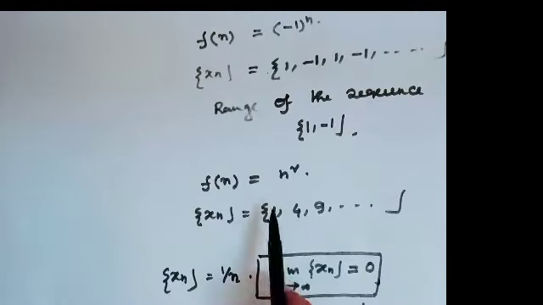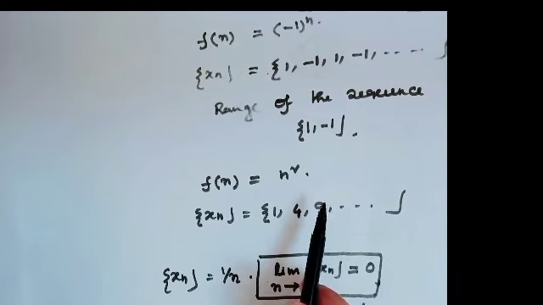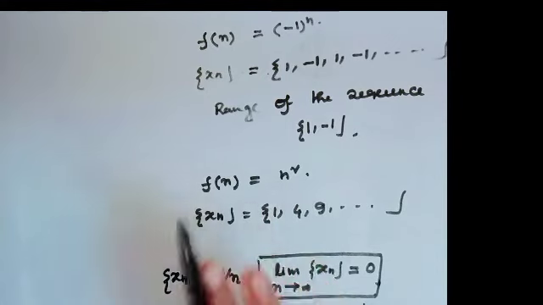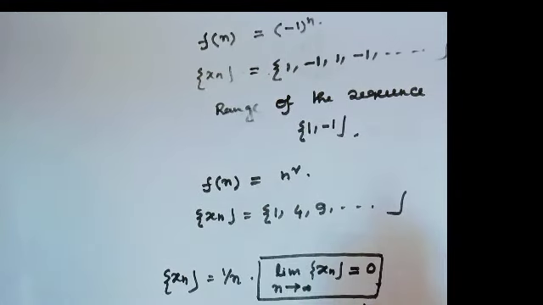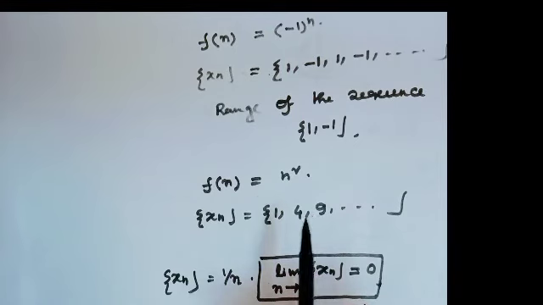And look at that sequence. What is the limit? Here it is going up and up. When the value increases, that means it goes to infinity.